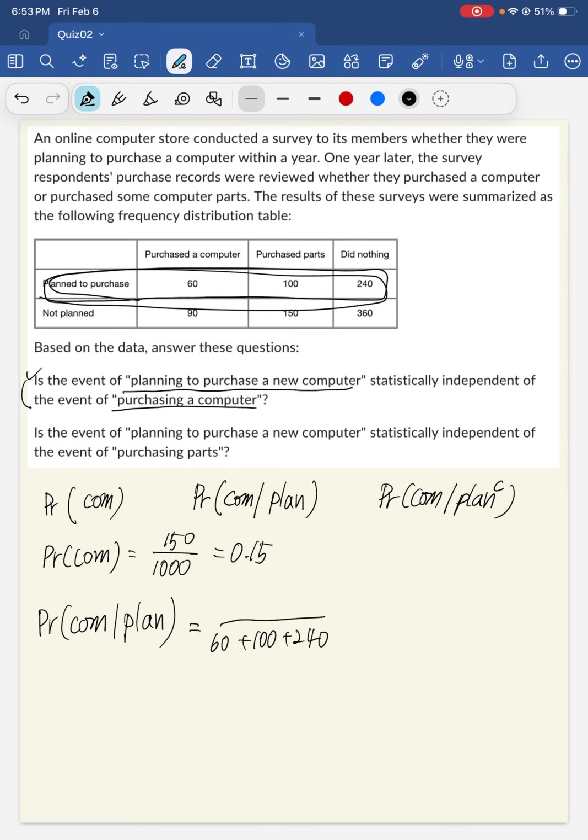Out of that many, only 60 purchased the computer. That is 60 divided by 400. If you calculate that, you can find 0.15. So already you can find the answer. If those two are the same, then automatically the other will be the same. Let's check it.